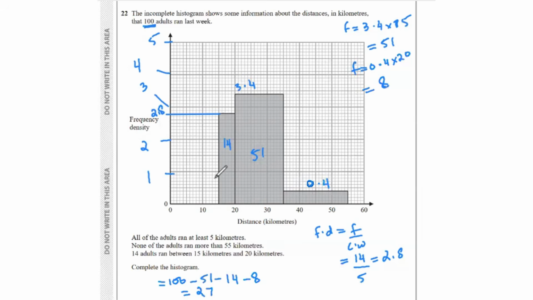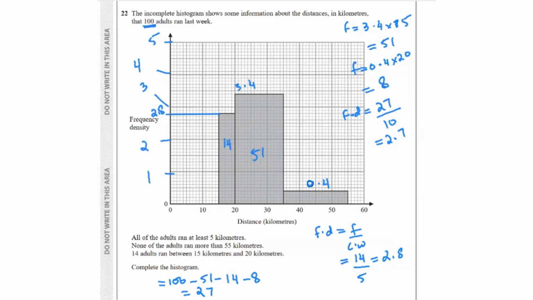So 27 is the frequency for the first bar. So frequency density for that would be 27 divided by the class width, which is 10. That's 2.7. So we will draw a bar with the height of 2.7. That's right beneath this.